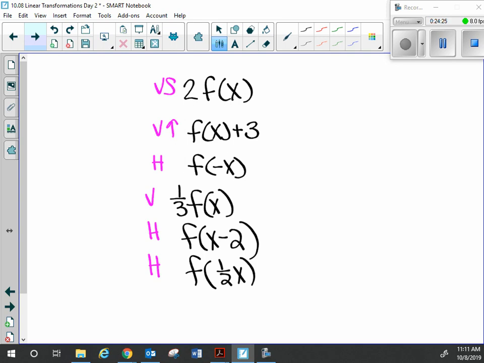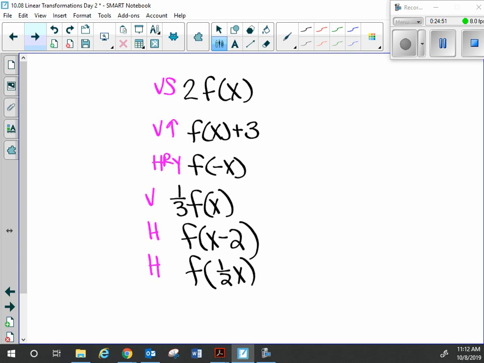Left and right would be what kind? Horizontal. Okay. Horizontal what? Reflect over which axis? The Y. I told you. We think about horizontal and we immediately go to X, right? But we're reflecting horizontally, which means that we're reflecting over Y.